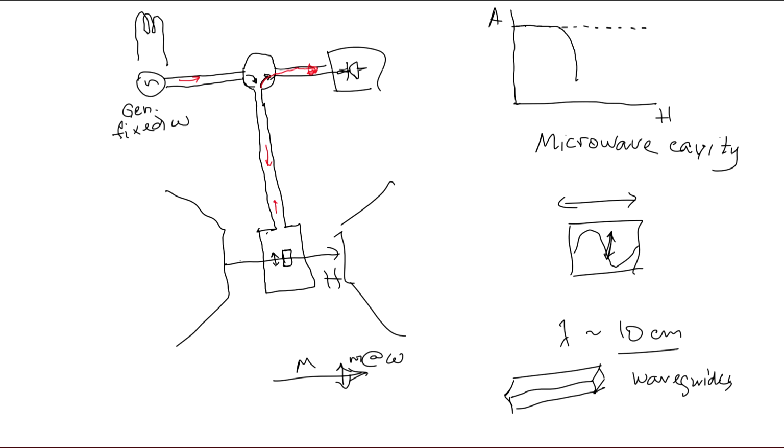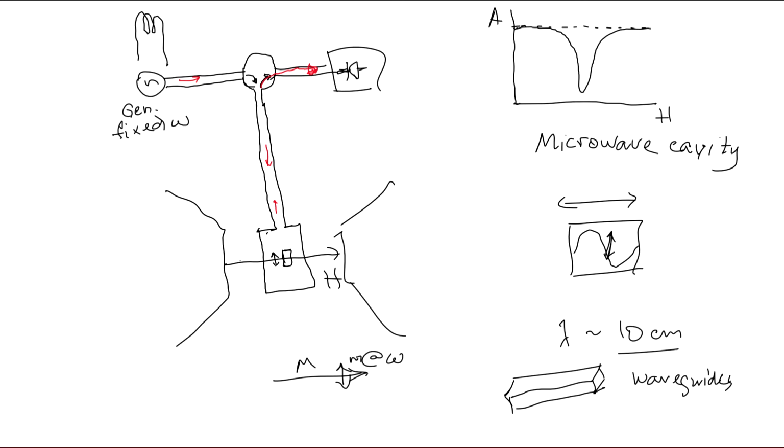Oops, let me draw it in a better way. The material starts to absorb the energy, and then it goes back. So this is how the measurement works. And of course, this is absorption. And if inverted, we would get basically what is happening in that place.